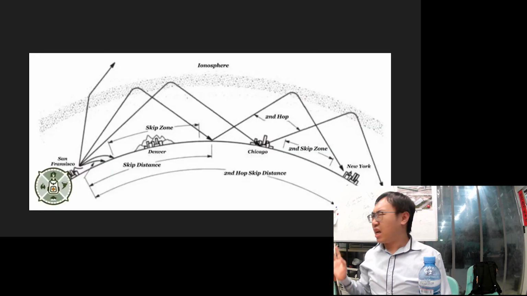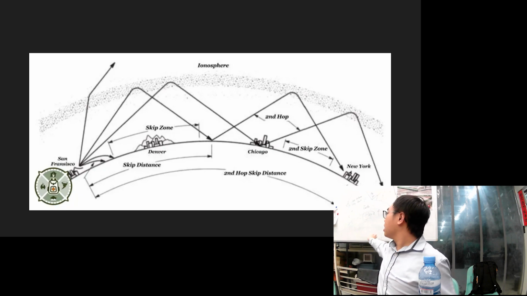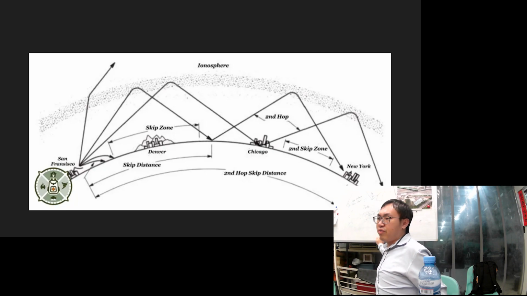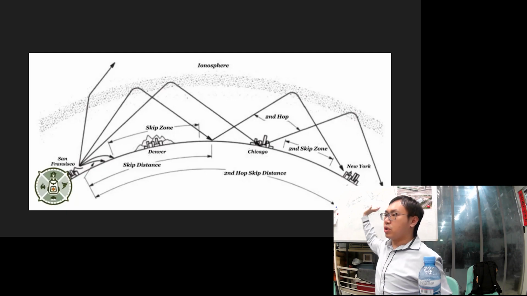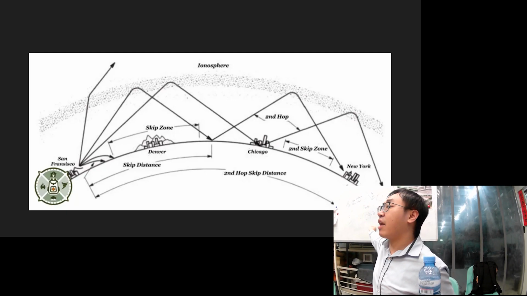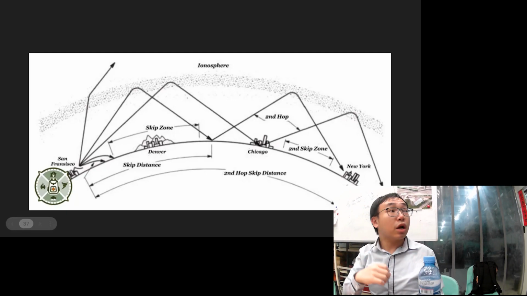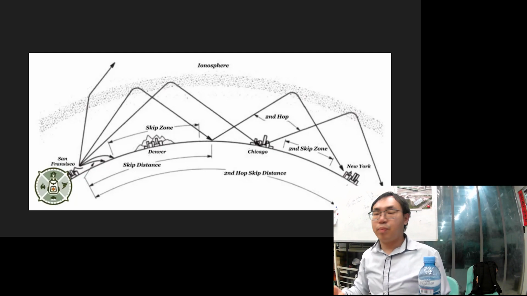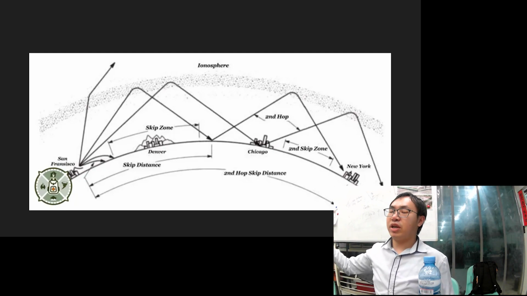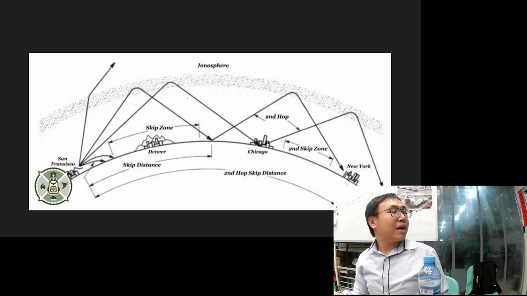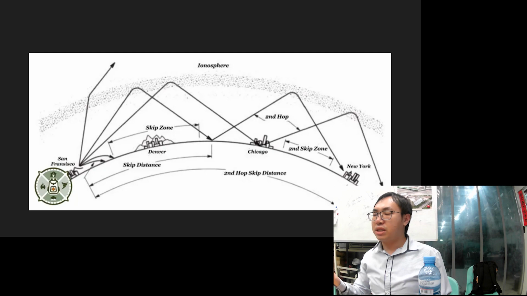And this one is much better again. You see that this signal has multiple hops. This explains that in skywave propagation, sometimes when the signal hits the ground, it will be reflected, go to the ionosphere once again, and have skywave propagation again.